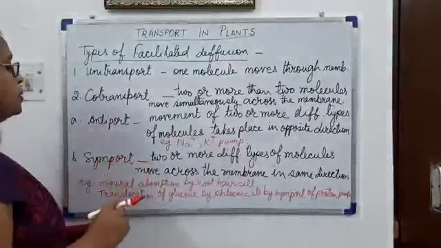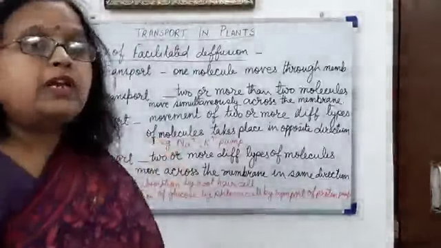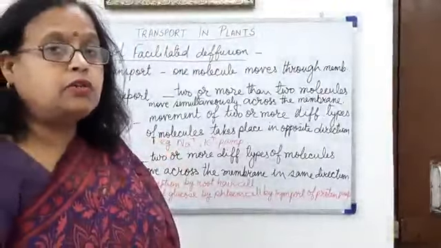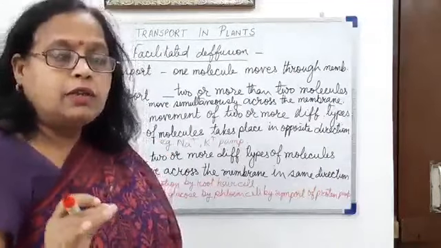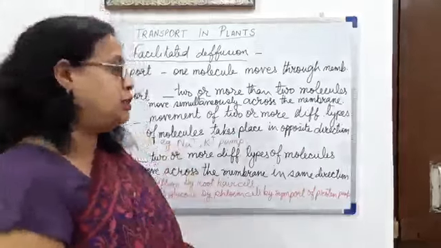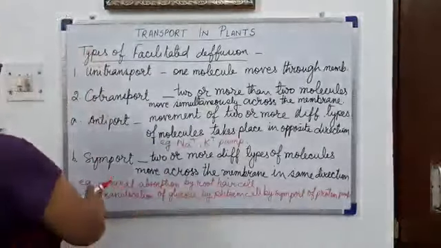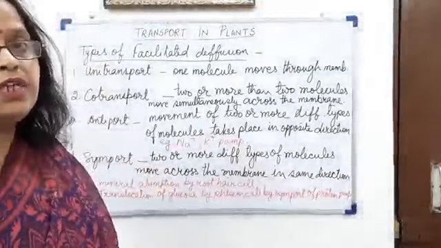Then symport. In the symport, two or more different types of molecules move across simultaneously through a membrane but in the same direction. For example, absorption of minerals by root hair cell.